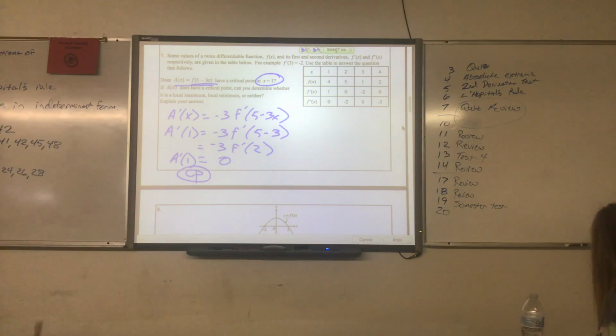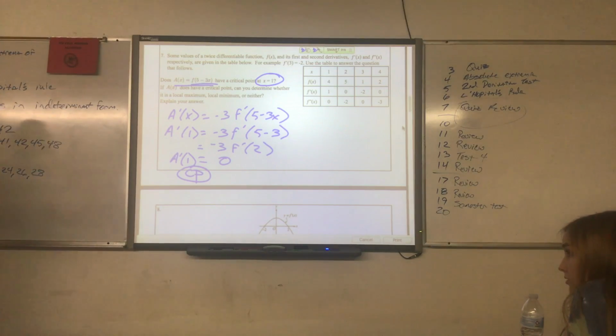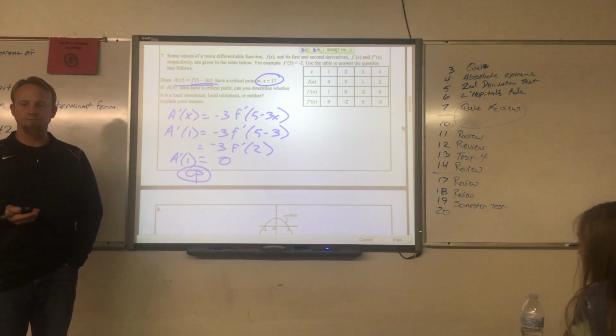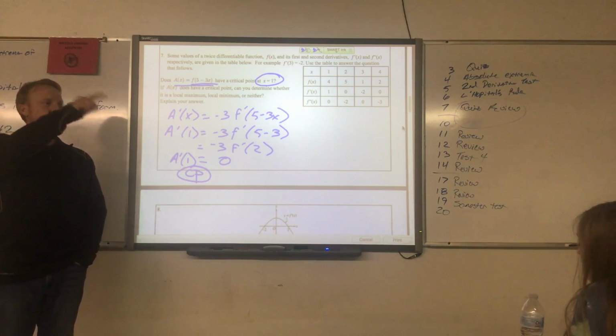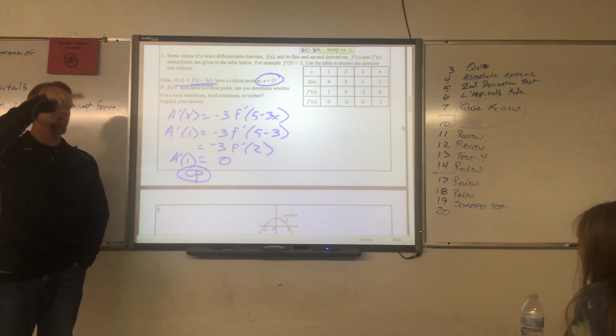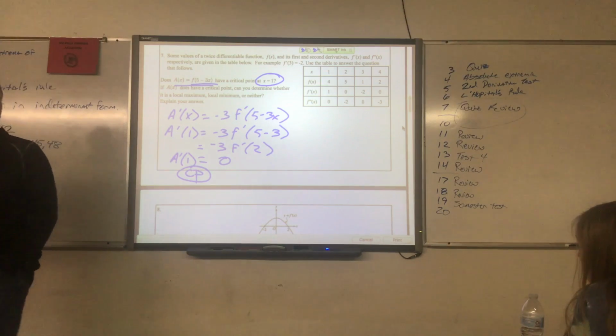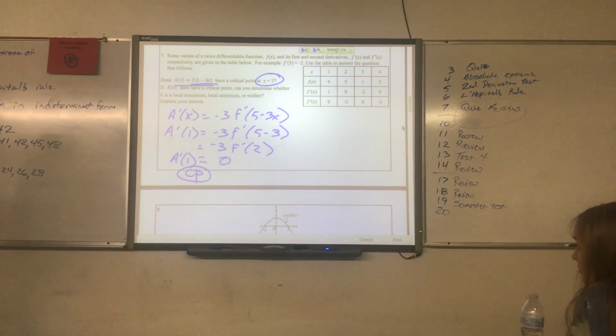If it does have a critical point, can you determine whether or not it's a max or a min or neither? We've got two different ways to determine that: the first derivative test and the second derivative test. What's the first derivative test? Sign line, and I have to change signs. What's the second derivative test?